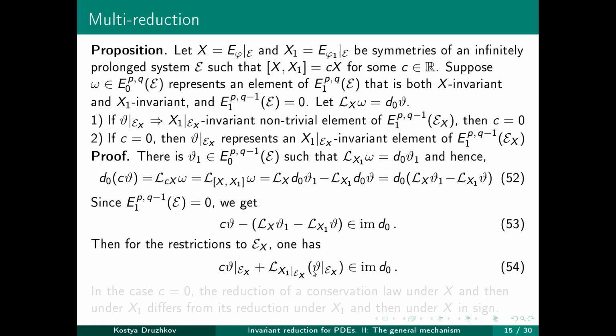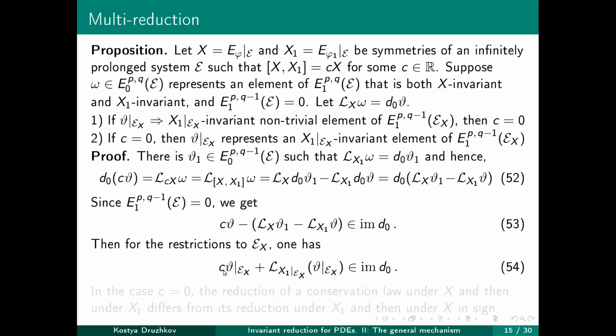And it's easy to see that if the restriction is x1 invariant, then this term also lies in the image of d0. So if theta restricted to epsilon x is x1 invariant, then theta is trivial.